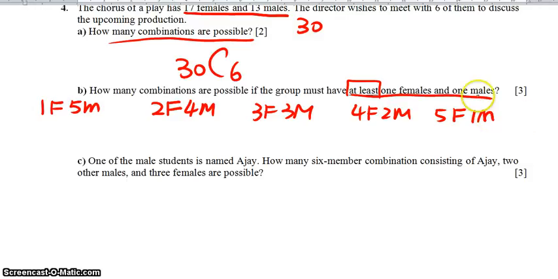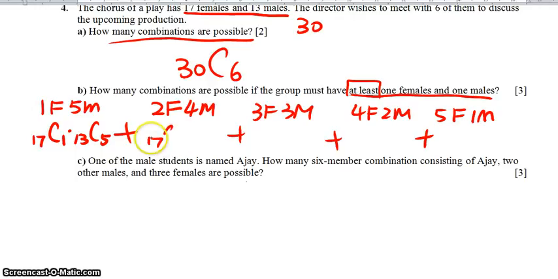But you can't have 6 because you need at least one male. So here we go, you have 5 cases. Then you just add up all the cases. You have 17 female choose 1, 13 male choose 5. 17 female choose 2, 13 male choose 4. 17 female choose 3, 13 male choose 3. And so on. You get the idea.